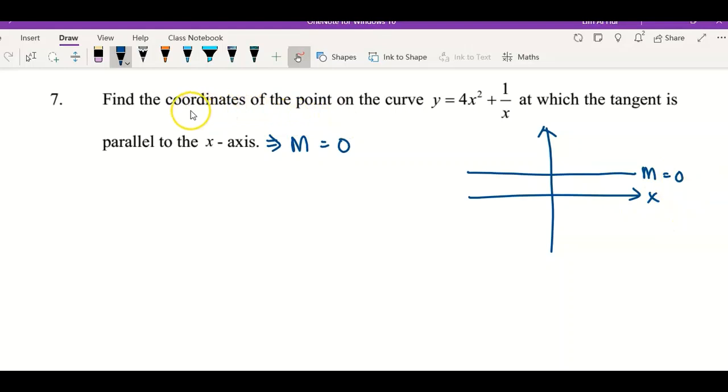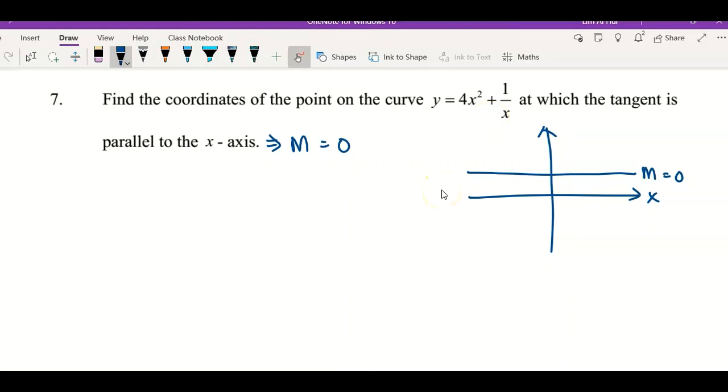So the question asks us to find the coordinate of the point on the curve at which the tangent is parallel to the x-axis, meaning that dy dx equals 0. If you do not know how to sketch this graph, it doesn't matter. For questions 5 and 6, I sketched the graph just to let you see the idea of the question.